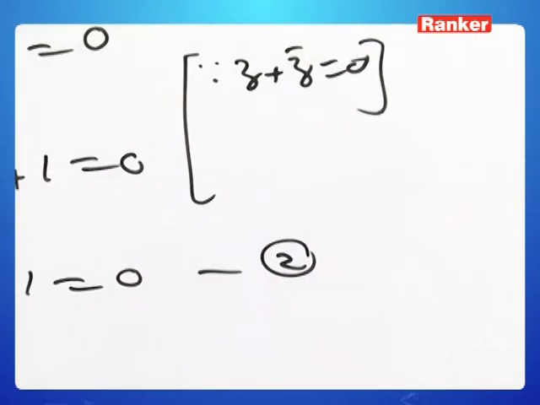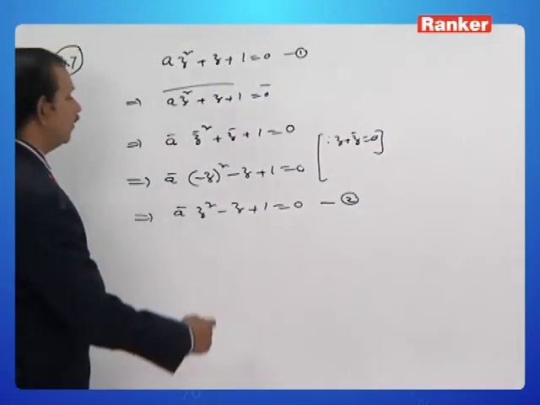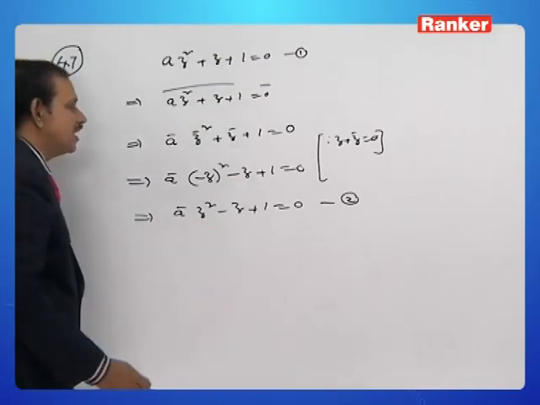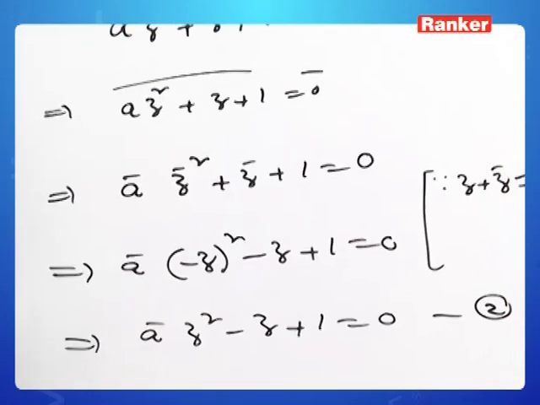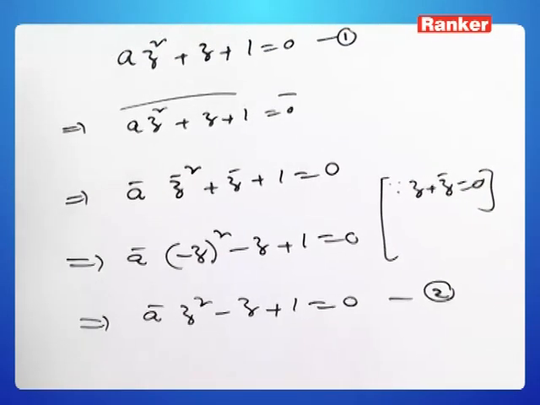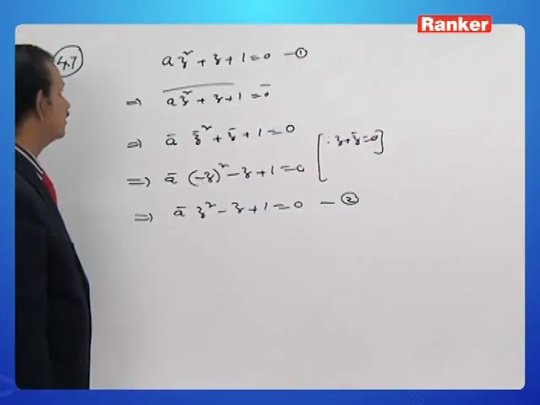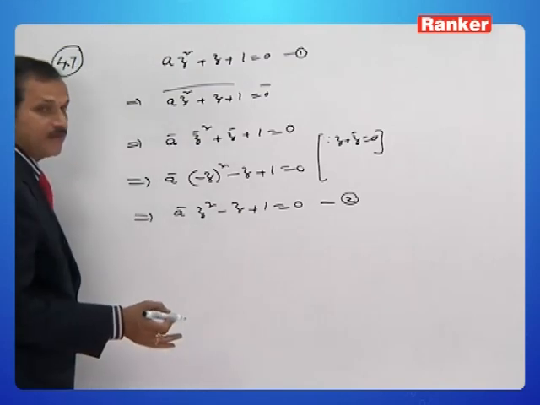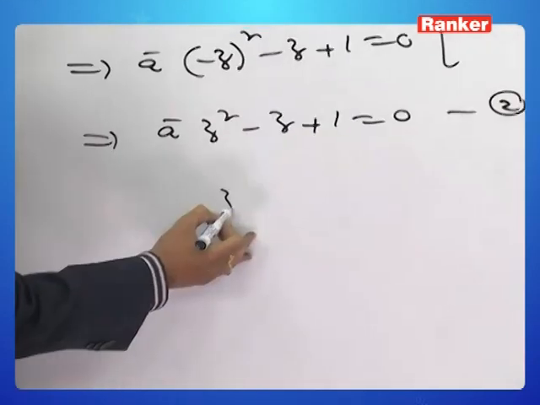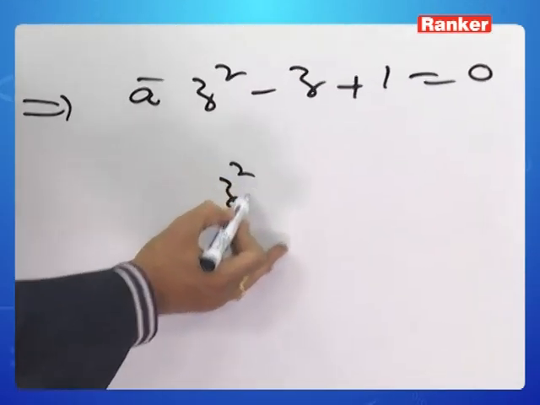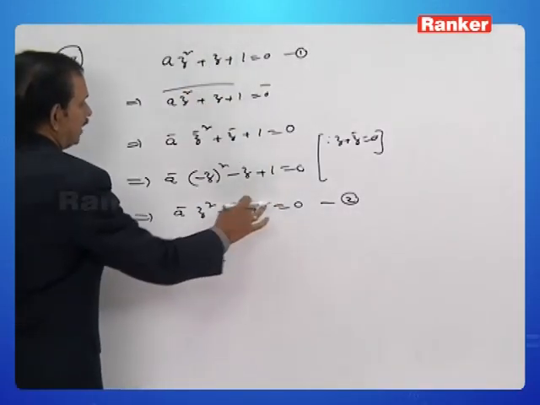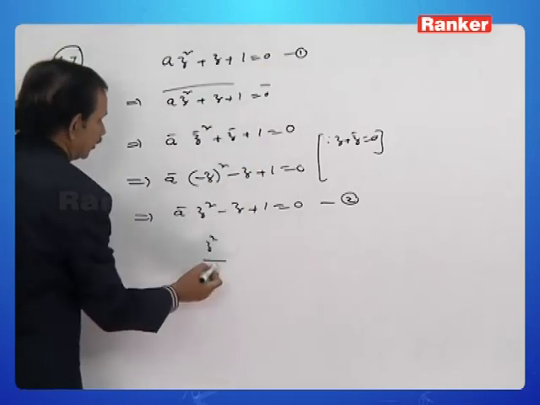Now you eliminate z from the first equation and the second equation. What do you have? Let me use the cross multiplication method, or Cramer's rule, whatever you call it. z square by 1 minus of minus 1, that is 2.